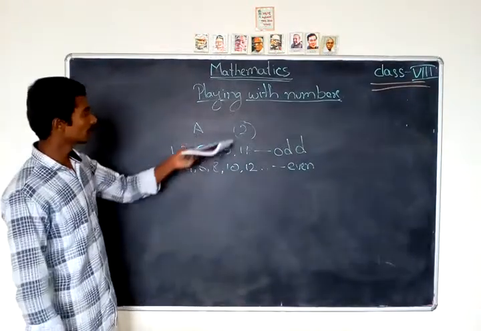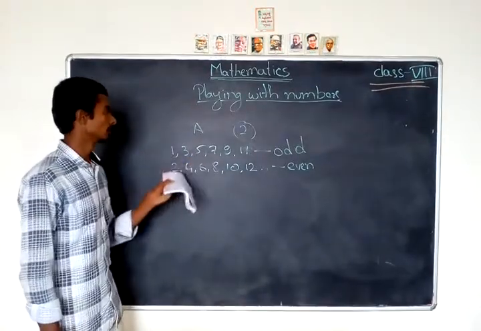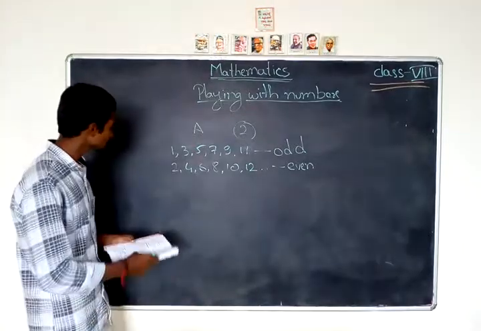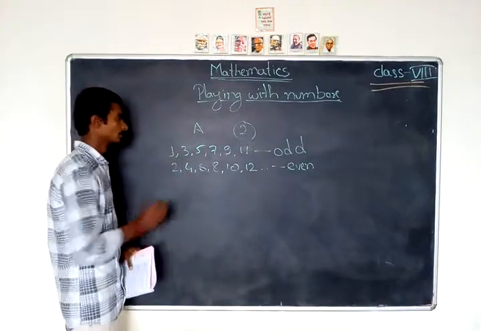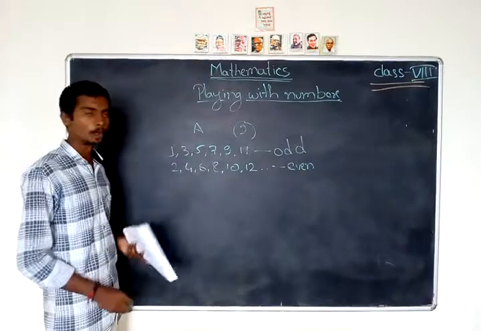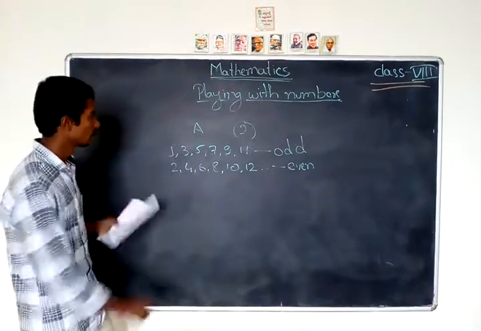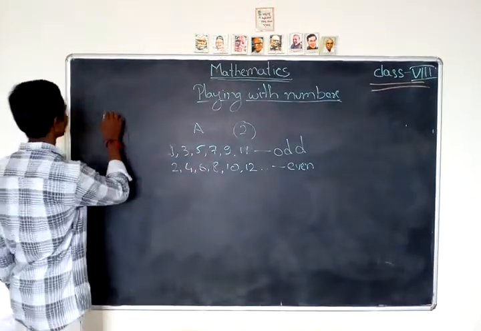Now let's try dividing each number by 2. 1, is it divisible by 2? No, because it is less than 2. Let us try with 3.